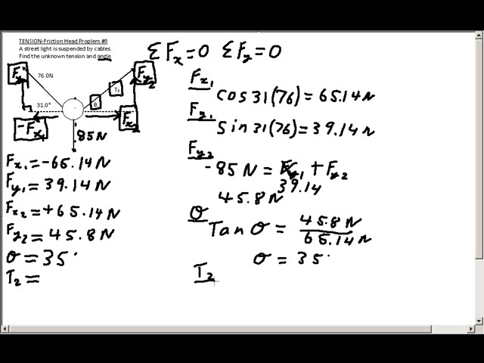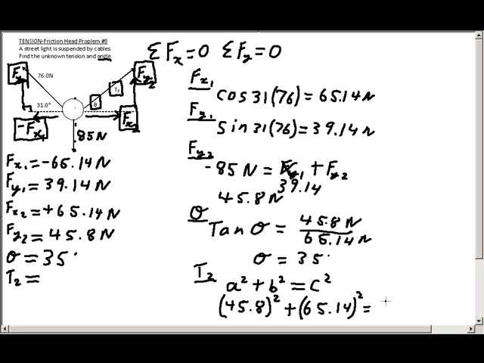So the tension in 2 is going to be a squared, 45.8 squared, plus b squared, 65.14 squared, equal to the tension squared.